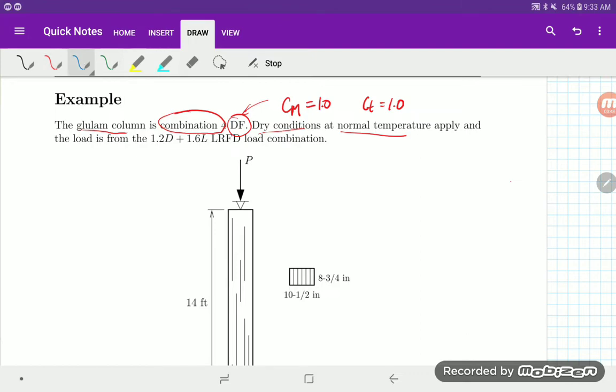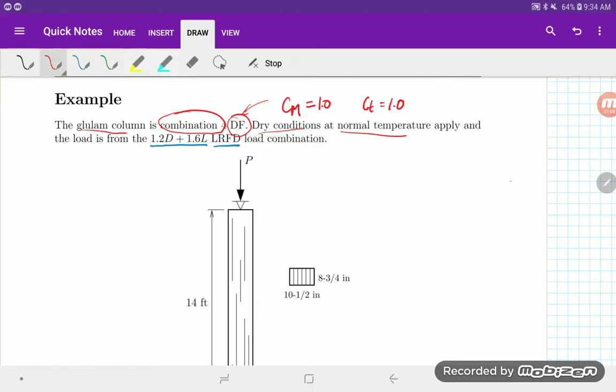This is the only example in class. We'll be working with LRFD. Overall, similar process for column design, but I'll just take you through the steps. And for LRFD, we're assuming that it's 1.2 times dead load plus 1.6 live load combination that controls the design.